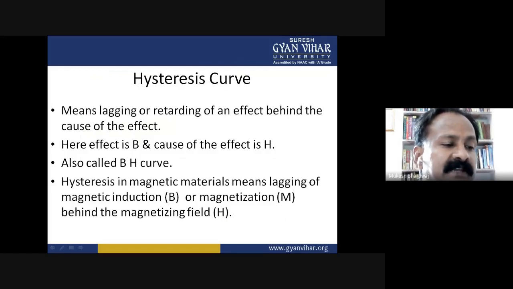A hysteresis curve is like a leaf-like structure which gives a graph between B and H.